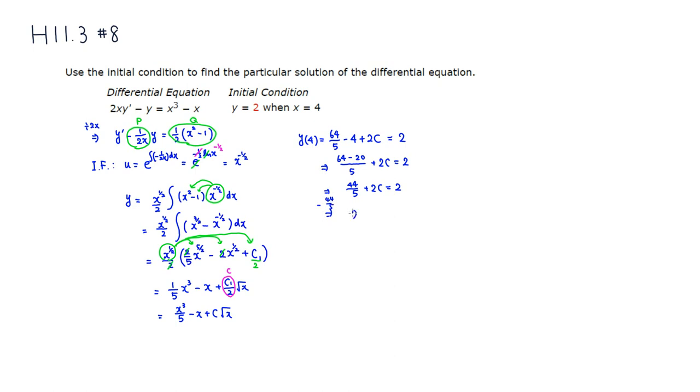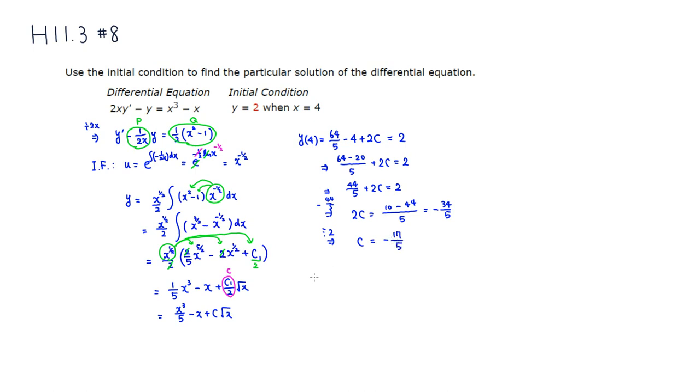You get 2c is equal to 2, which is 10 over 5, minus 44 over 5, so you have negative 34 over 5. Then we can just divide through by 2, so c is equal to negative 17 over 5.